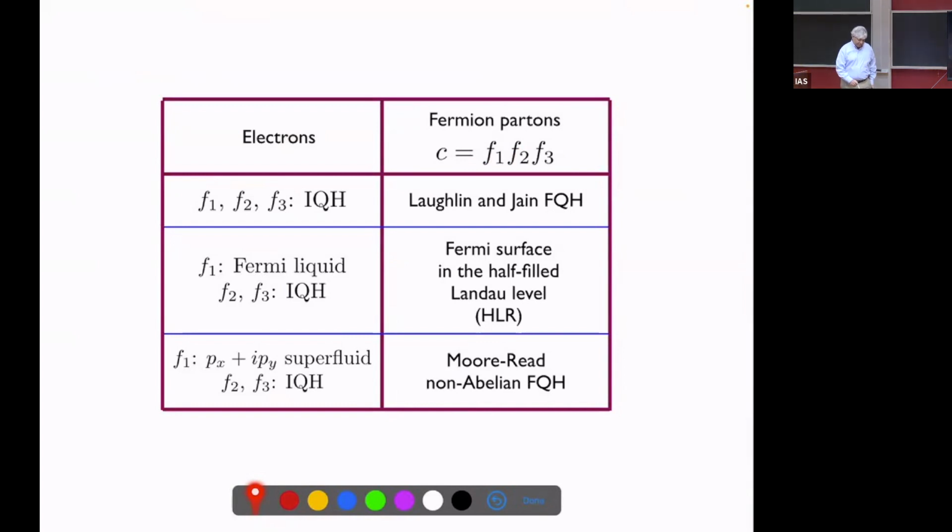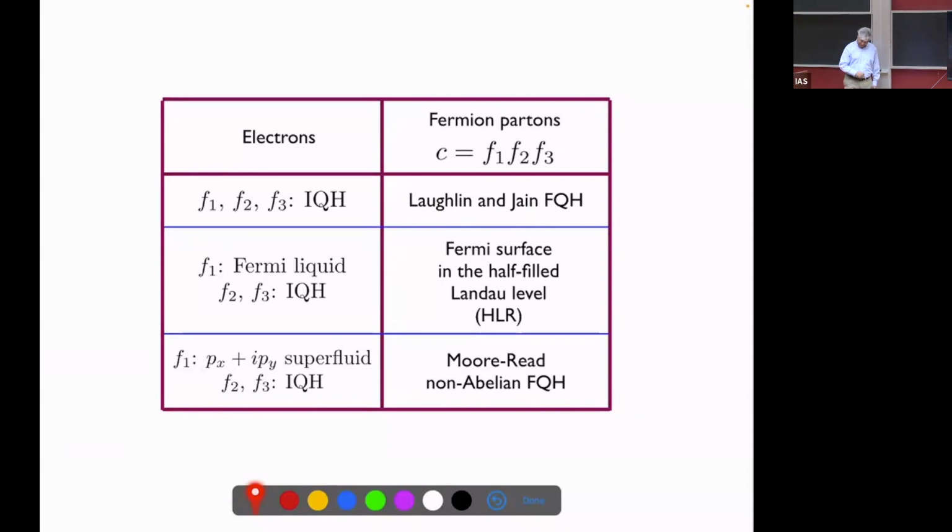Okay, so when you do this and you put all three of them in fully filled Landau levels, or equivalently in fully filled Chern insulator bands, F1, F2, and F3, all integer quantum Hall states or Chern insulators, then you will get the full sequence of Laughlin and the Jain fractional quantum Hall states. This has been known for a long time. I think Jain pointed this out many years ago.